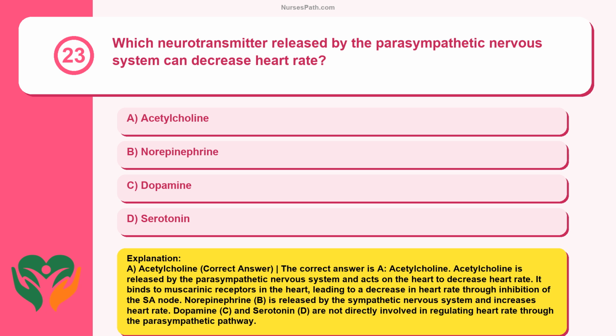Acetylcholine is released by the parasympathetic nervous system and acts on the heart to decrease heart rate. It binds to muscarinic receptors in the heart, leading to a decrease in heart rate through inhibition of the SA node. Norepinephrine, B, is released by the sympathetic nervous system and increases heart rate. Dopamine, C, and serotonin, D, are not directly involved in regulating heart rate through the parasympathetic pathway.